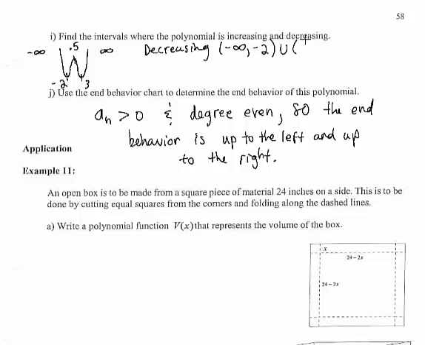We could write union, and then our second interval where we decrease, and I'll highlight these in red. Here's the first one, -infinity to -2, and then the next one that is decreasing would be from 0.5 to 3.